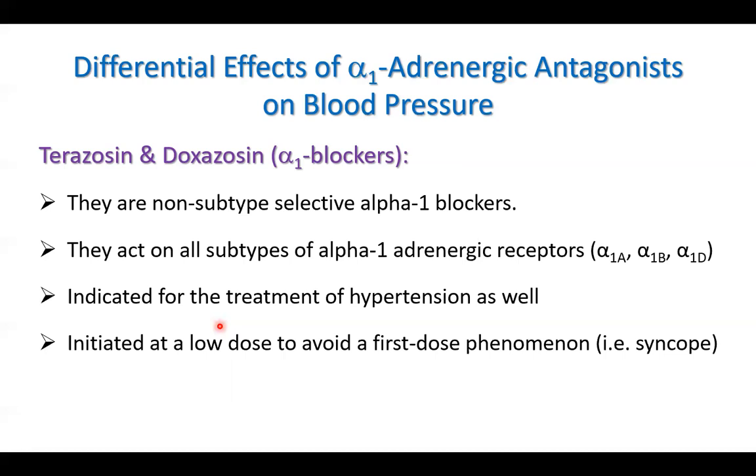With the first dose they can develop more severe hypotension, dizziness, and syncope. This is called first dose phenomenon. So you start at a low dose and then titrate up. You have to do this with non-selective alpha-1 blockers.